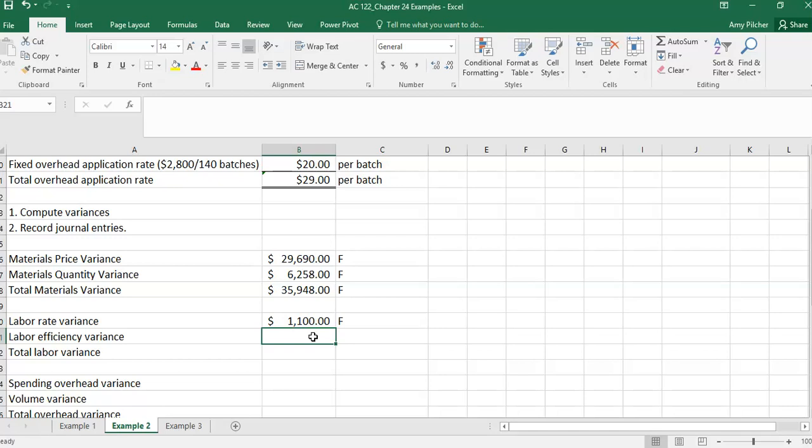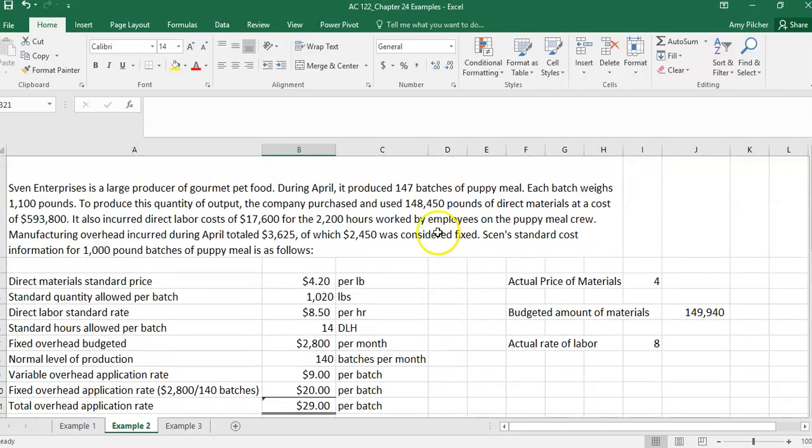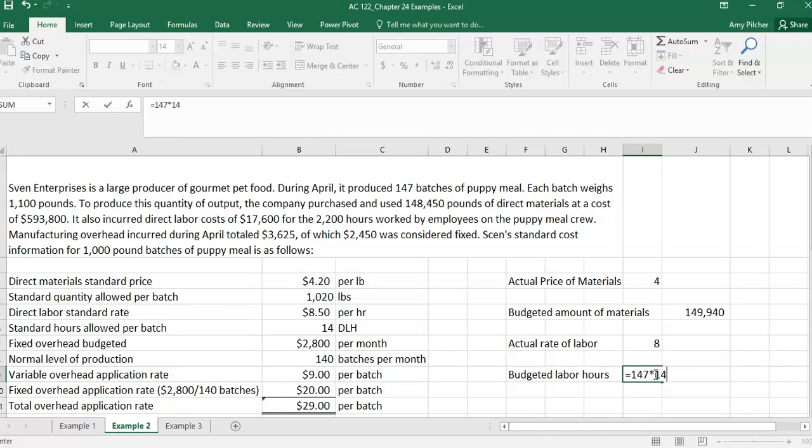How many hours did we use versus how many hours should we have used for our level of production? So it says we produced 147 batches and that our budget is 14 hours per batch. So budgeted labor hours would be our 147 batches times our 14 hours per batch.